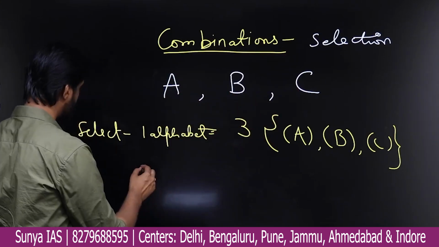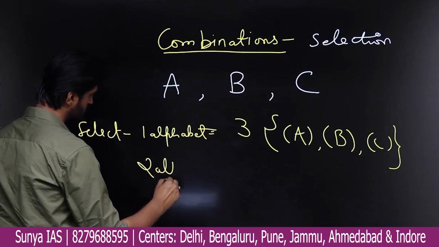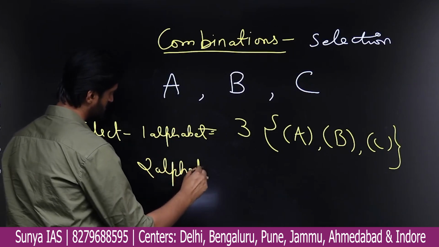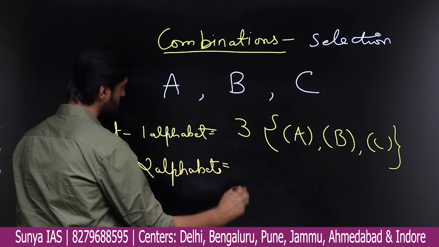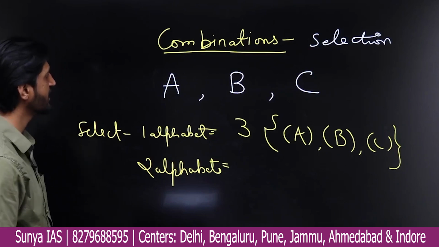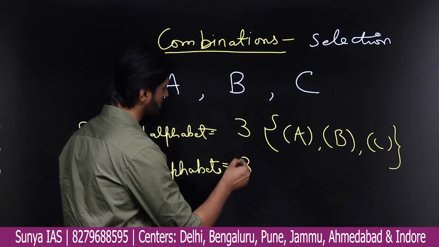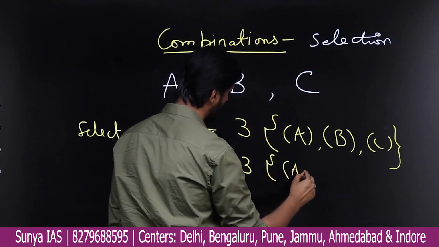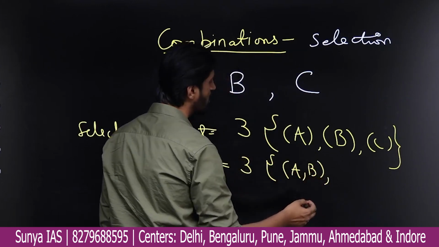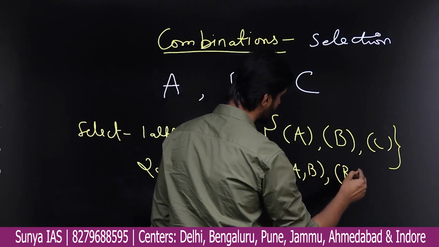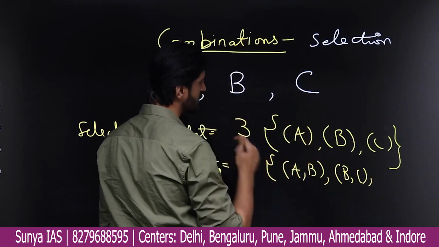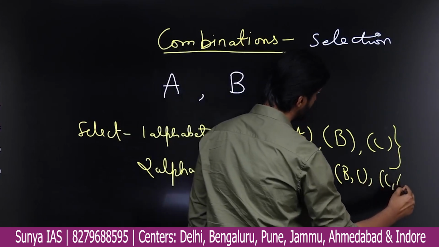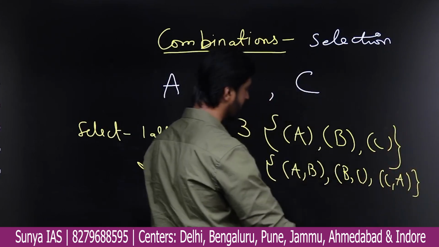Similarly, if I have to select 2 alphabets, I will again have 3 choices. What can be the selections? They can be A comma B. I can choose either these two, or I can choose B comma C, or I can choose C comma A. Okay, these are the possible choices that I have.